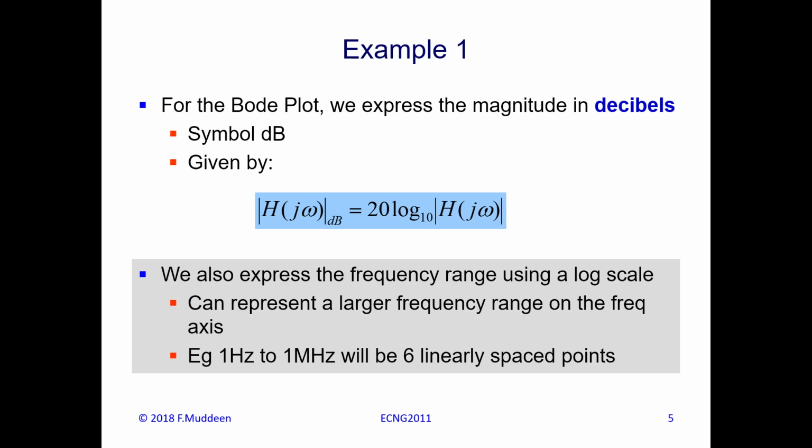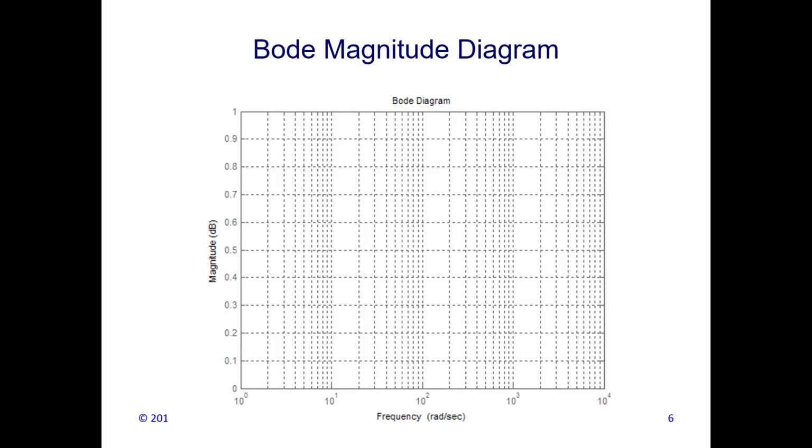If we try to plot a very large range of frequencies, it would run out pretty fast if we drew it on a linear scale on paper. So a generic scale looks like this, where our y-axis is represented in magnitude in decibels, and our x-axis is represented in frequency in radians.